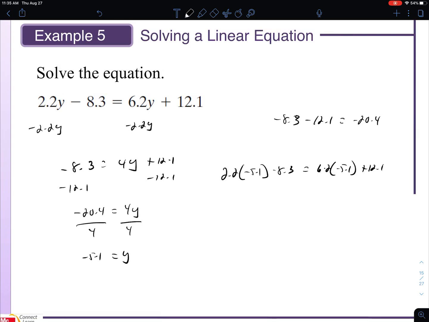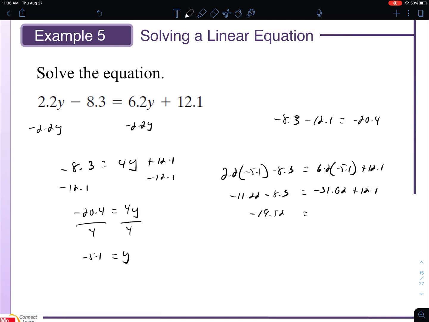So 2.2 times negative 5.1 is negative 11.22. And then 6.2 times negative 5.1 is negative 31.62. So in this case, we have negative 11.22 minus 8.3, which is negative 19.52.